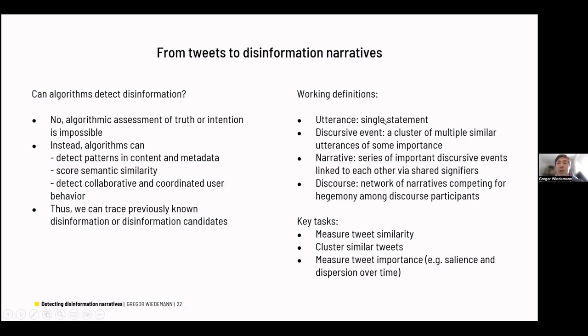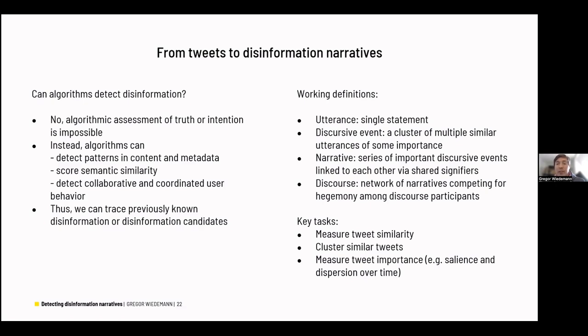We want to relate this a little bit to discourse theory. So in discourse theory, we have an idea of an utterance. This can be a single statement, or in our case, then a single tweet. Then we have the notion of a discursive event that can be a cluster of multiple similar utterances of some importance.